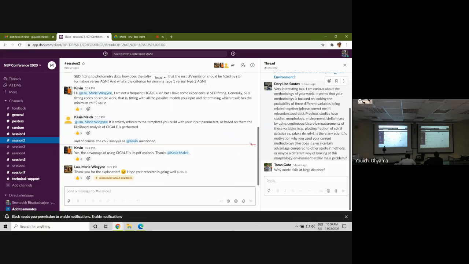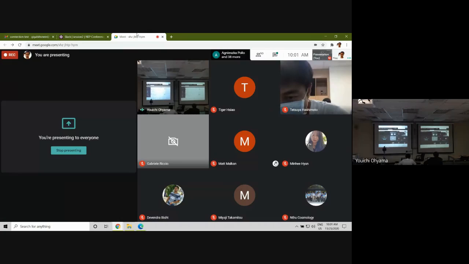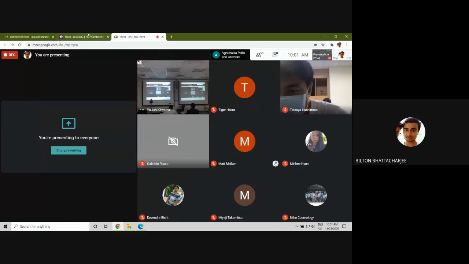Previous studies have studied morphology, environment, and stellar mass by using continuous or discrete measurements of the three variables, for example, plotting the fraction of spiral galaxies versus galaxy density. Is there any scientific motivation why you use your current methodology? Does it give a certain advantage compared to other studies' methods, or maybe a different way of looking at this morphology, environment, stellar mass problem? Okay, yeah. So this is a good question.